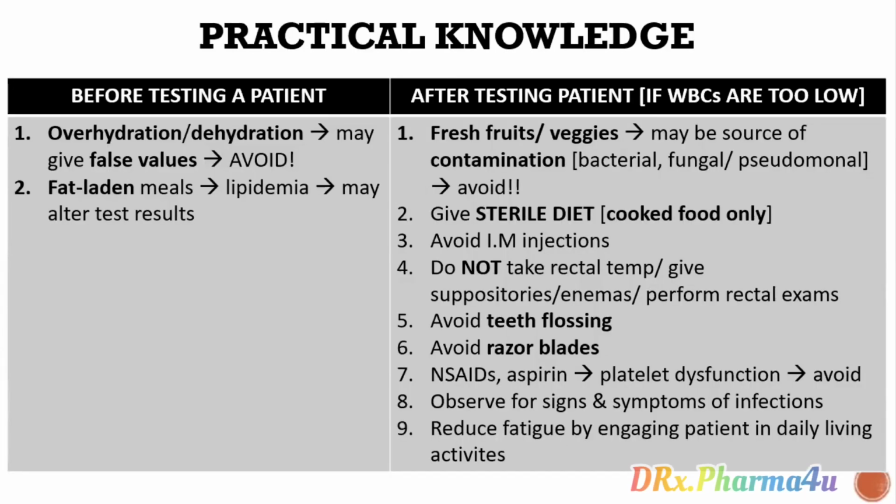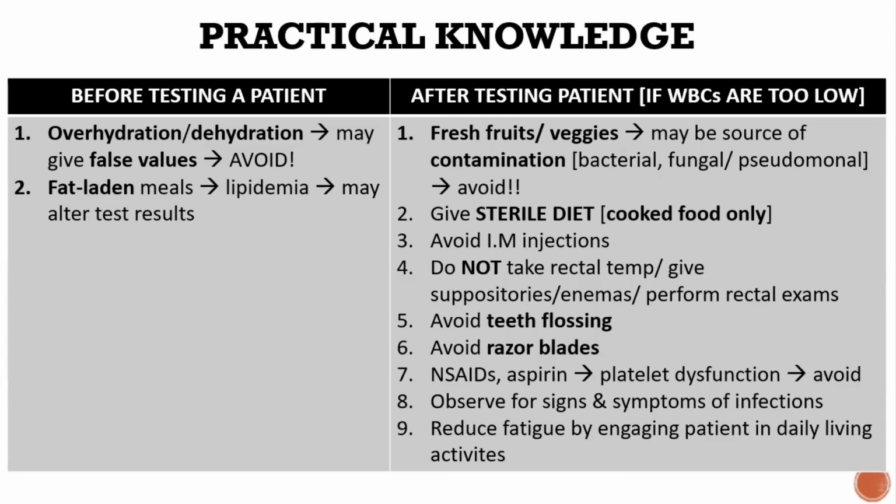Now we come to the practical knowledge perspective. What are the things that we should know before testing a patient for WBC count? Overhydration or dehydration should be avoided. As I said in the risk factors, if you are dehydrated, there is a condition called hemoconcentration.